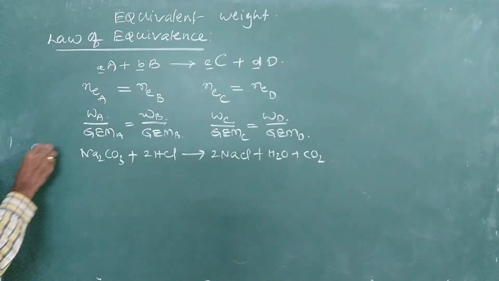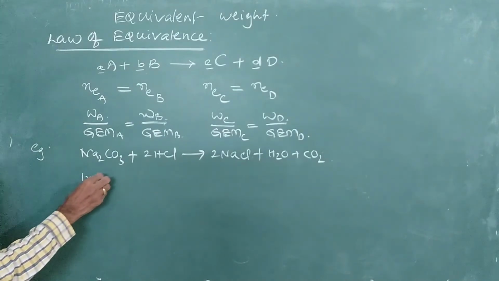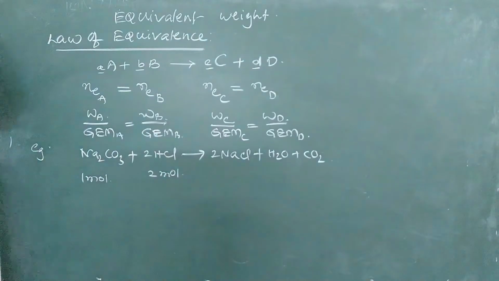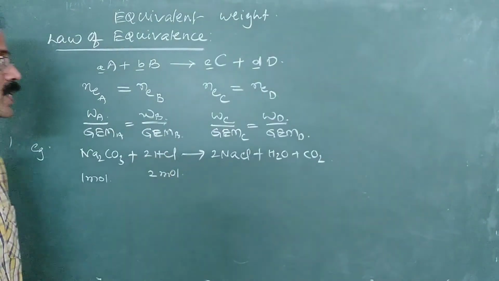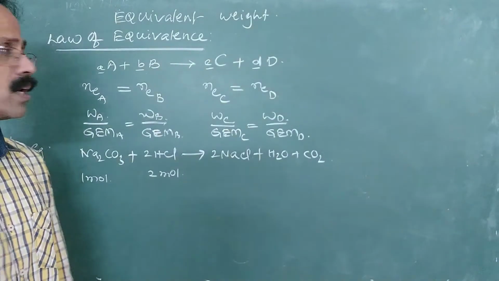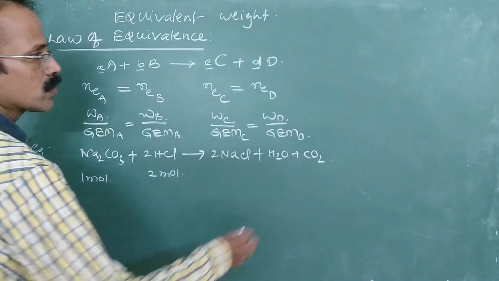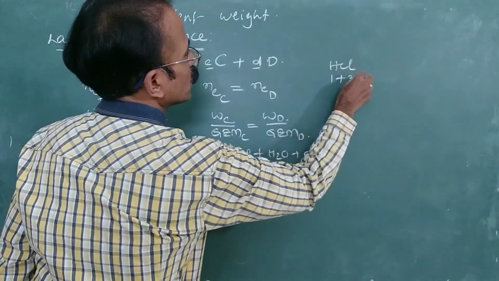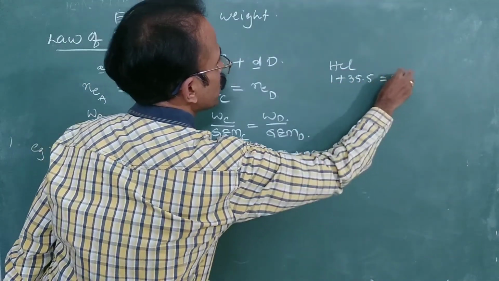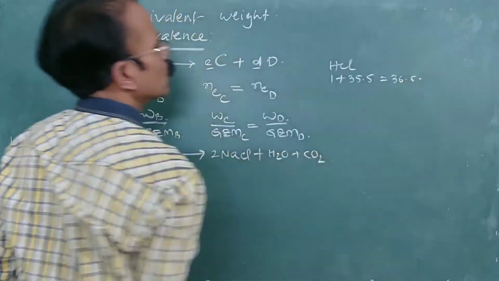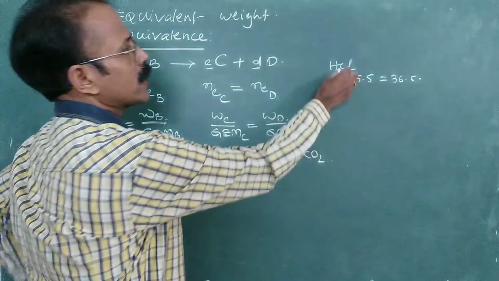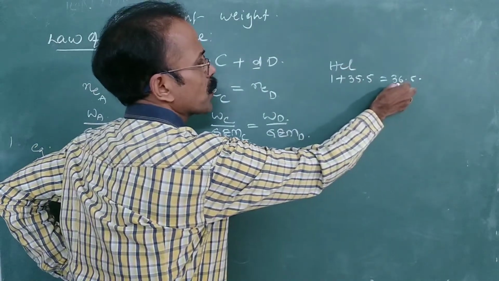Okay, here 1 mole of sodium carbonate is reacting with 2 moles of HCl. For HCl, one equivalent is equal to what? For HCl, the molar mass is 36.5 gram. 1 mole is equal to 36.5 gram, and equivalent mass is equal to what?